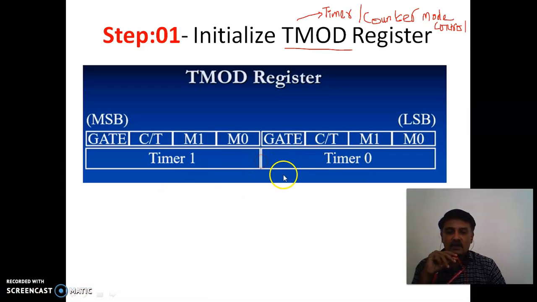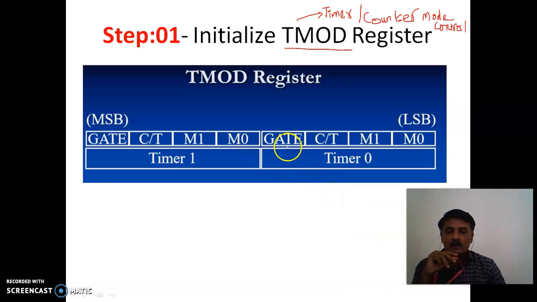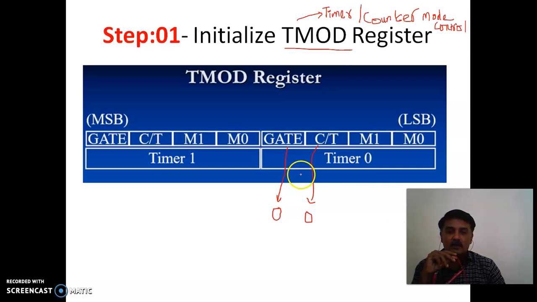Suppose you want to start writing the values. As I said, GATE is always 0, right? Since we are dealing with a timer here, C/T should be 0, right? And what is our mode here? Mode 1, so M1 has to be 0 and M0 is 1.